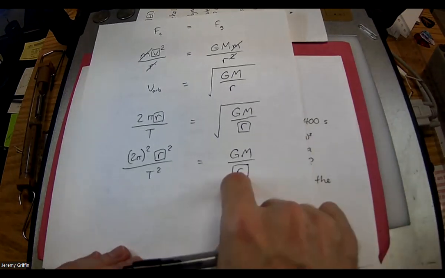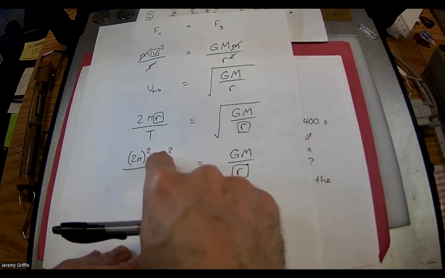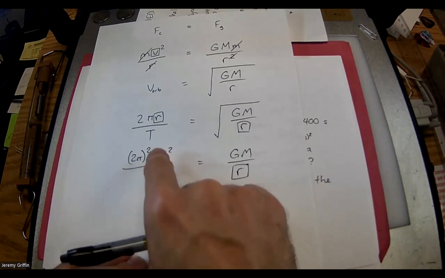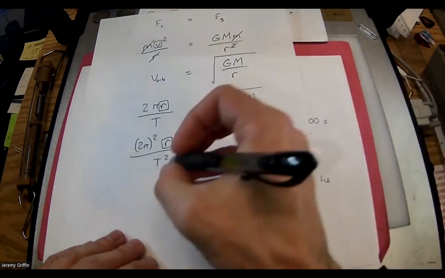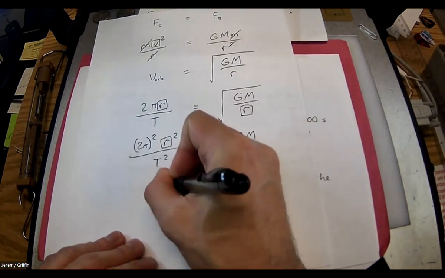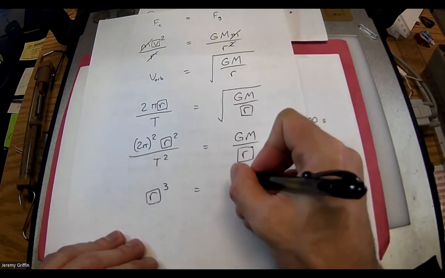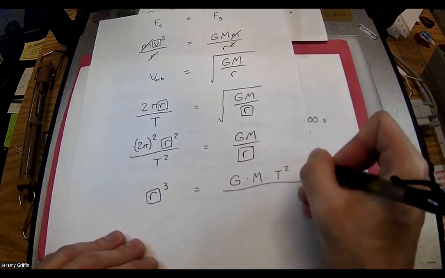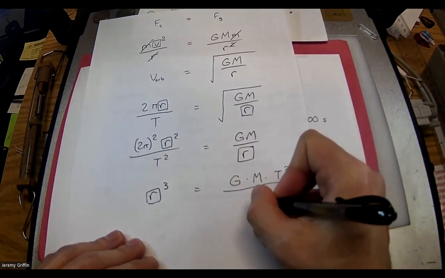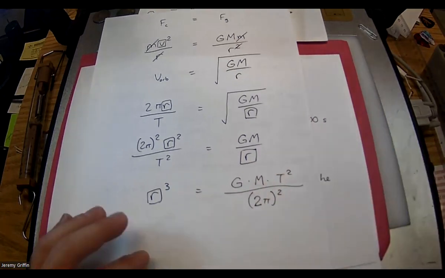Maybe I could cross multiply the r and get r cubed, and then take the 2 pi quantity squared, divide it down, and the T squared, multiply it up. So I'm getting r cubed is GM T squared all over 2 pi quantity squared. Wouldn't that be true?